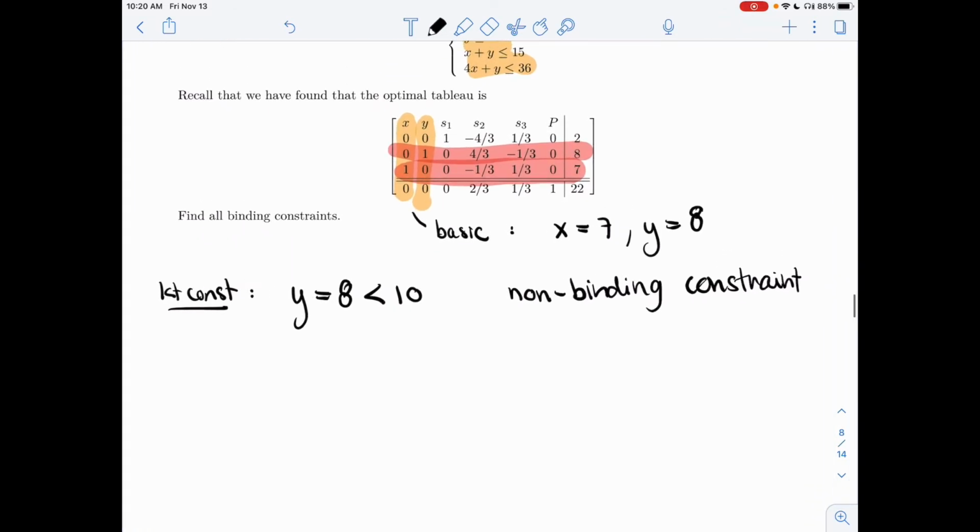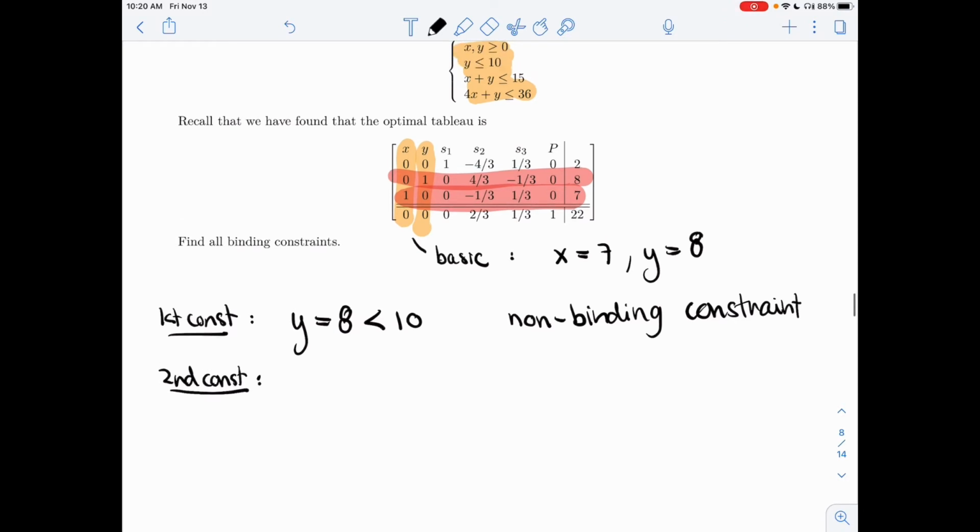Let's look at the second constraint. That one was, yes, x plus y. In this case, that's 7 plus 8. That's 15. It had to be less or equal to 15. It is actually equal to 15. And so this one is binding. So the second constraint is binding.